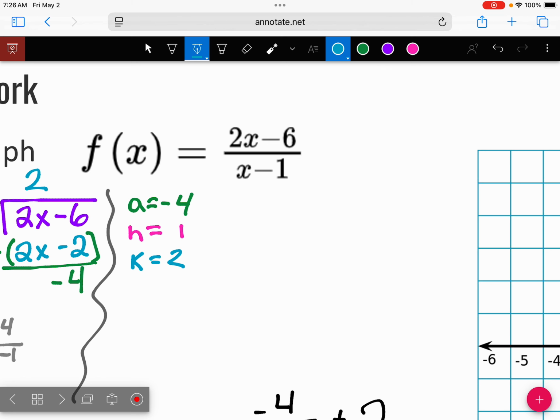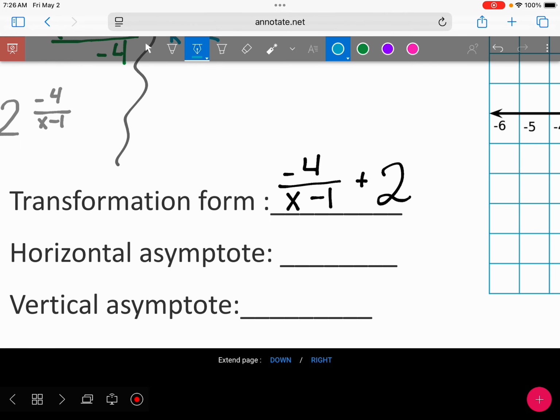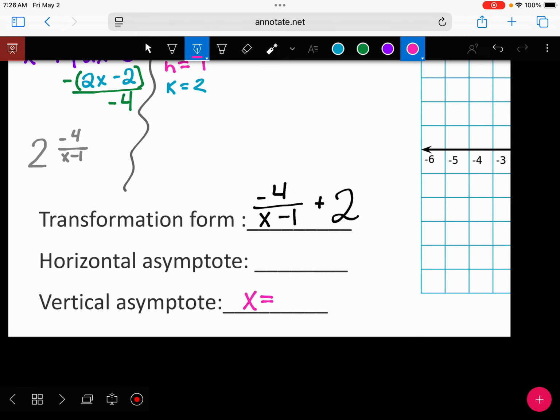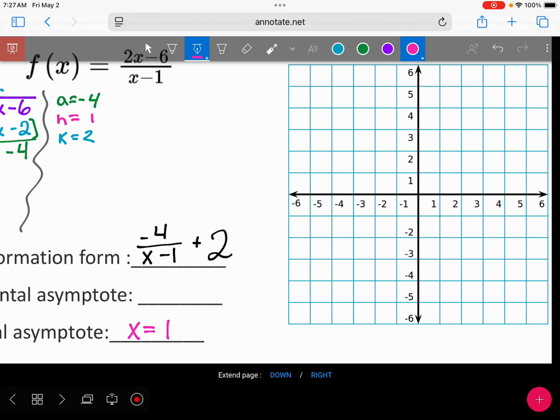So our x equals h every single time. X equals h. So our vertical asymptote is going to happen at x equals 1. So we're going to have our vertical asymptote, if I draw it on a line properly, like that.